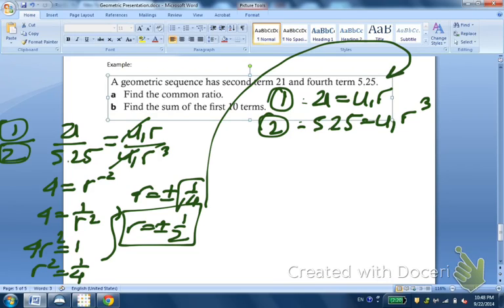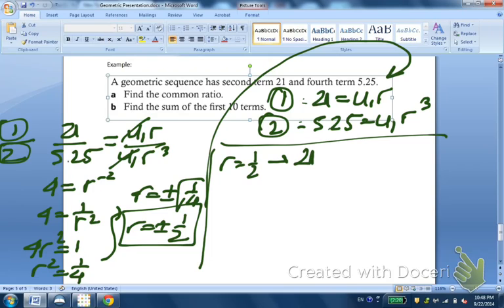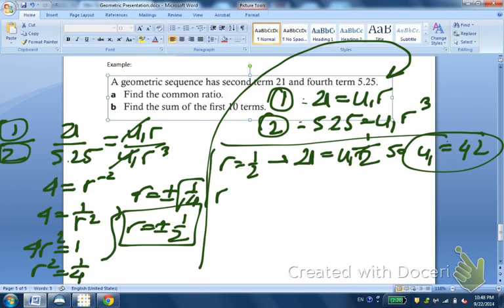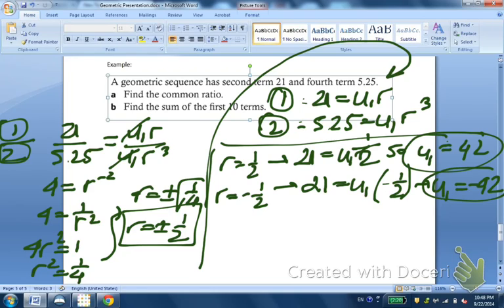If you use r as a half in equation 1, you get 21 is u1r, where r is a half. I'll plug it in. So u1, if you cross multiply, is 42. And for r is negative a half, you get 21 is u1 times negative a half. And if you cross multiply, you get u1 is negative 42.